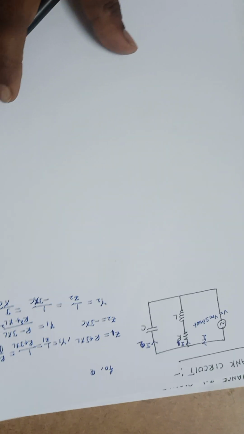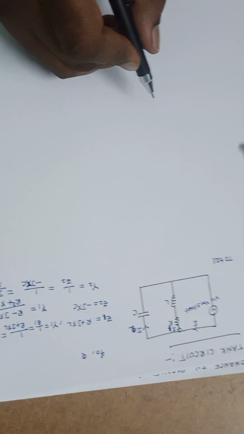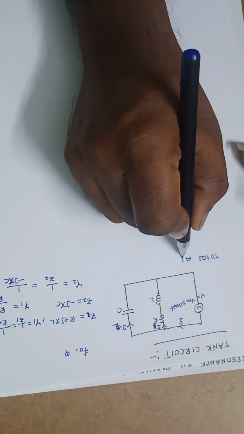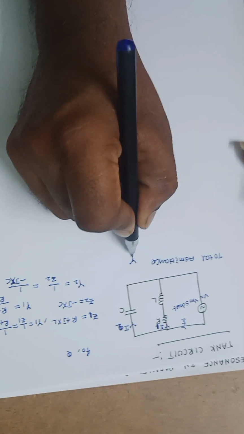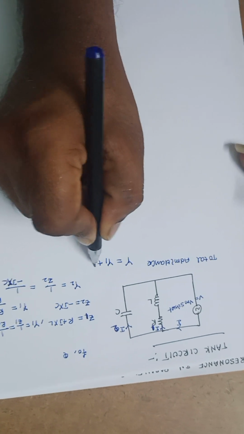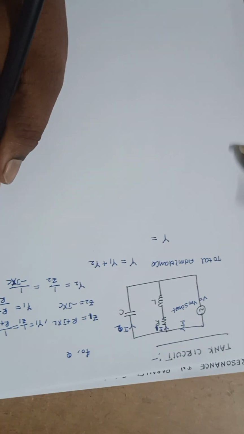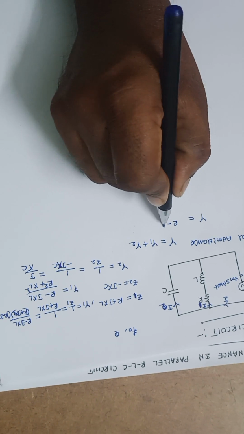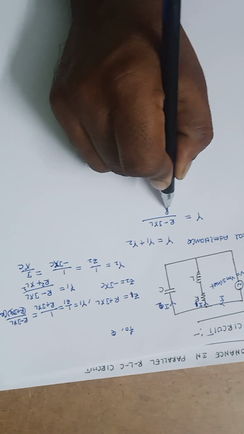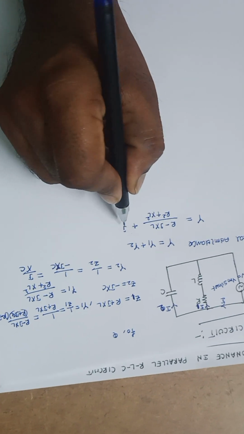Now you calculate the total admittance of this circuit. Let us consider it is Y1 plus Y2. So Y is equal to Y1, which is R minus J into XL divided by R square plus XL square, plus Y2, which is J divided by XC.